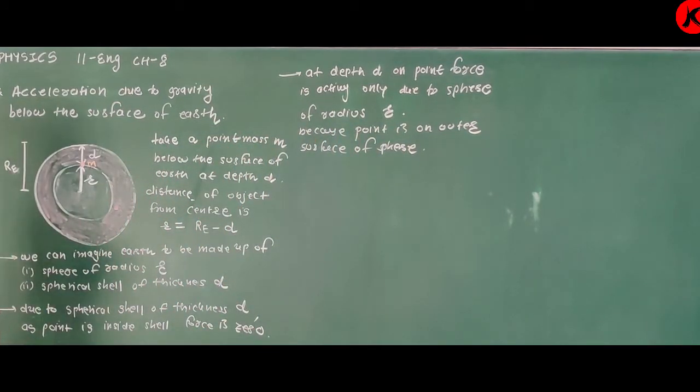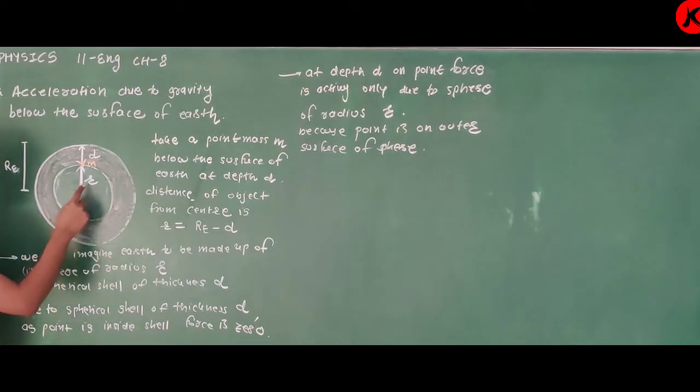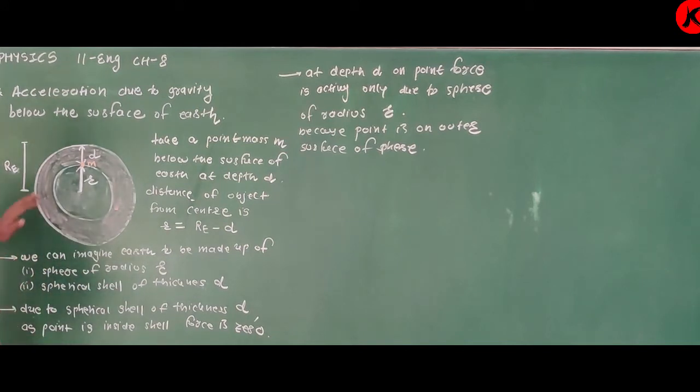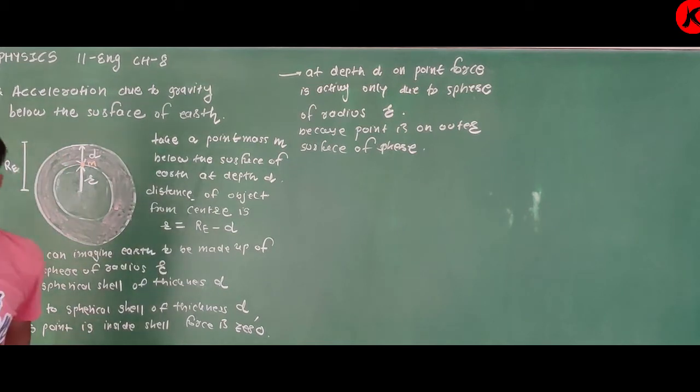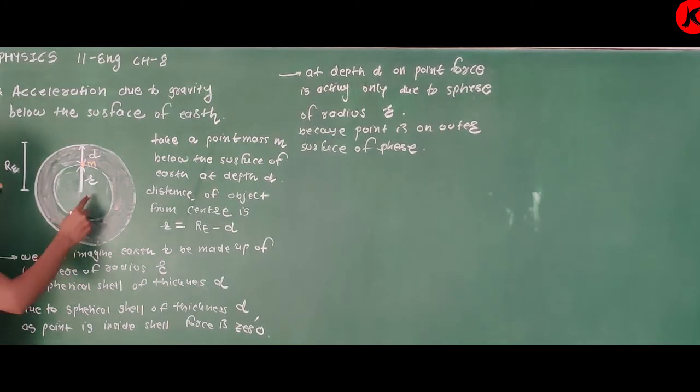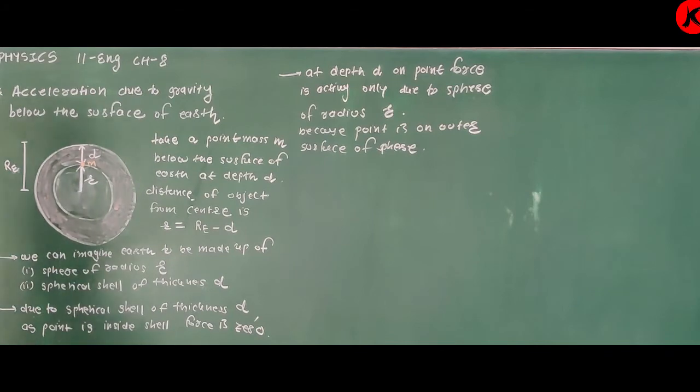Clear? So now we have to find gravitational acceleration due to this part of Earth only, because due to the big part, that is the spherical shell, the force is 0. Now see here, this is a part of Earth, not the whole Earth.